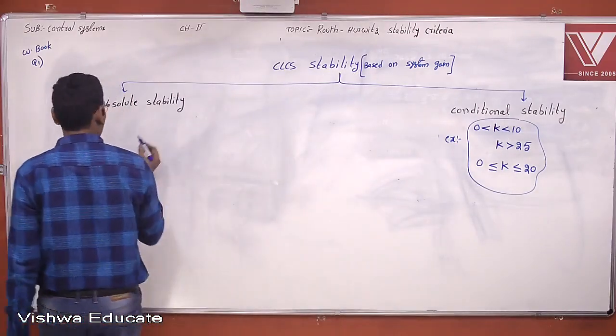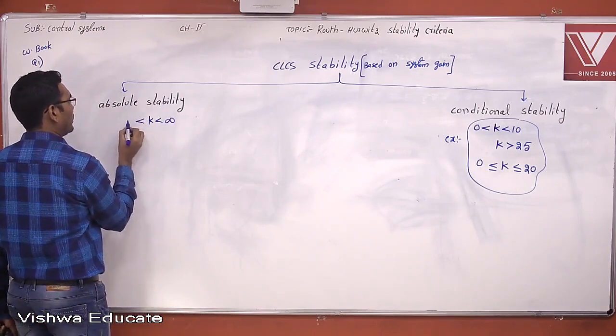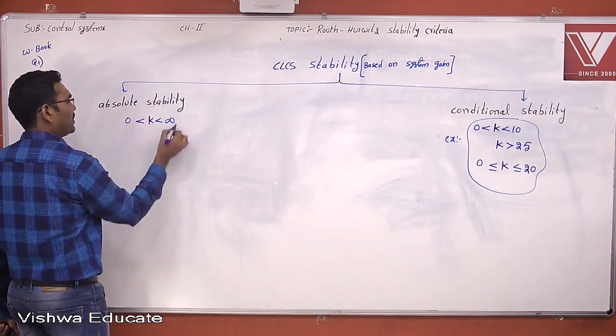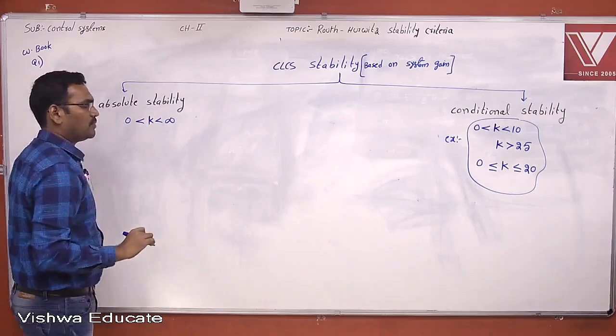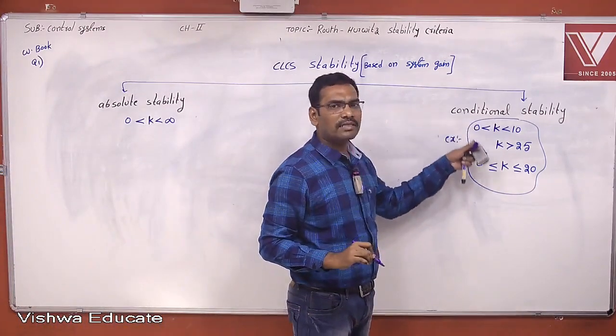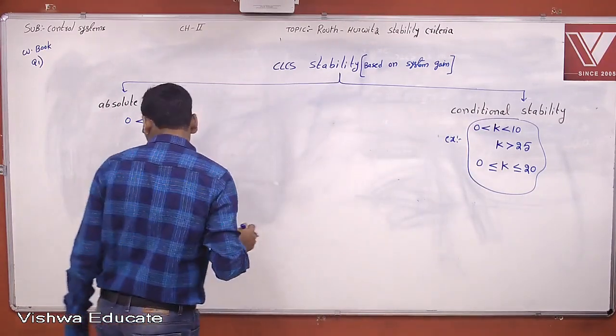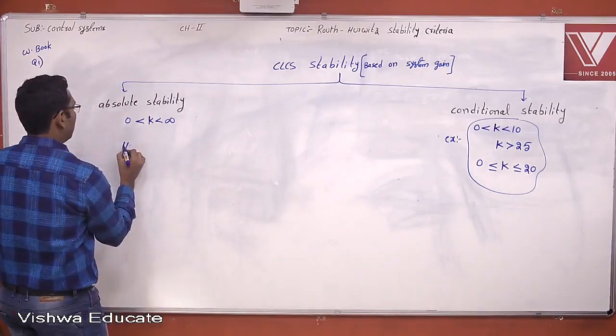But here, if the system is stable for all the positive values, that is from 0 to infinity, then that particular system stability is called absolute stability. Here the system is stable only for a certain range of values of k, then that particular stability is conditional stability.